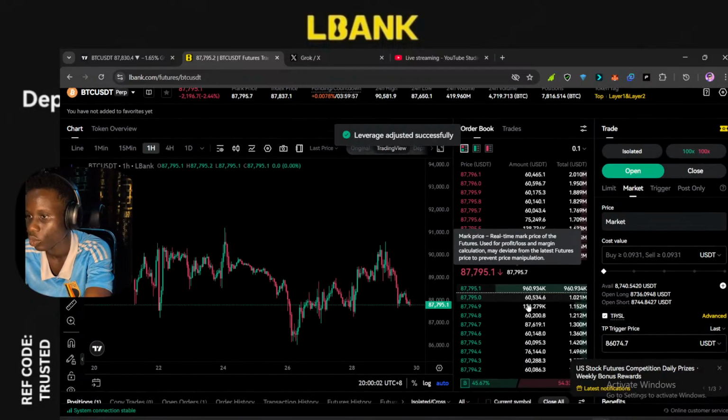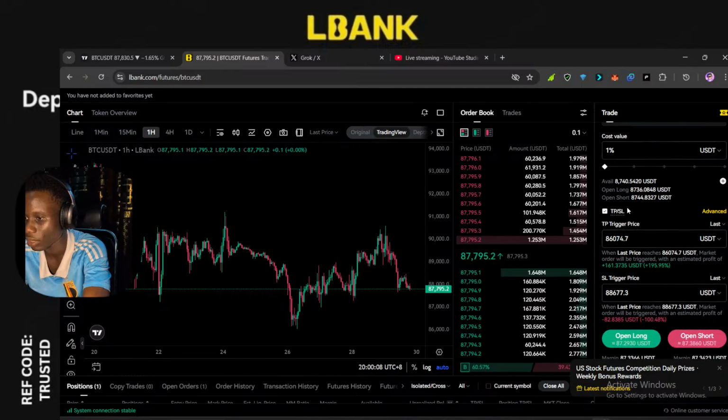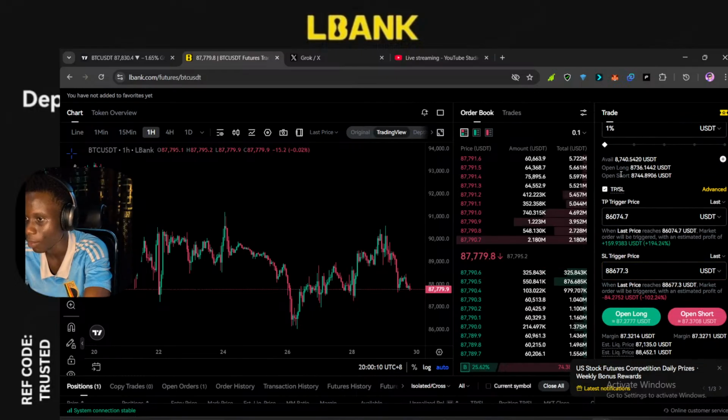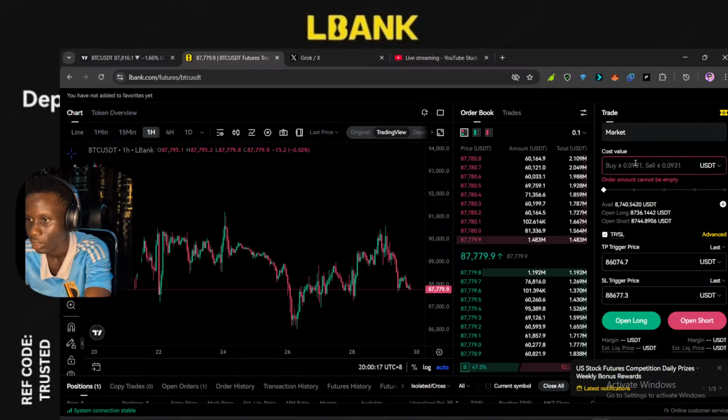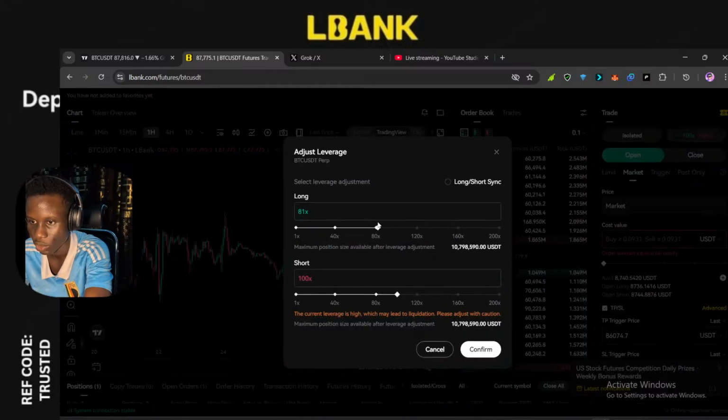So I want to use 100x for this particular trade while I am risking $100. You can see now that I'm only seeing about $284 here. Let me reduce my leverage. It's too much. Let's take it down to 80.